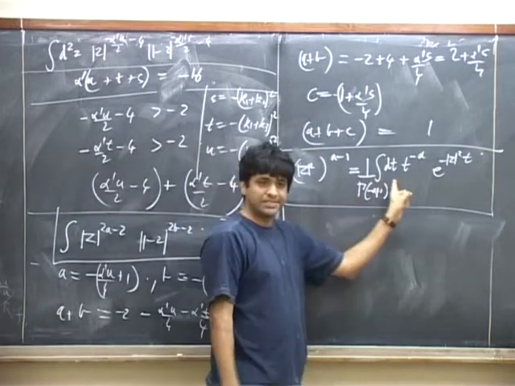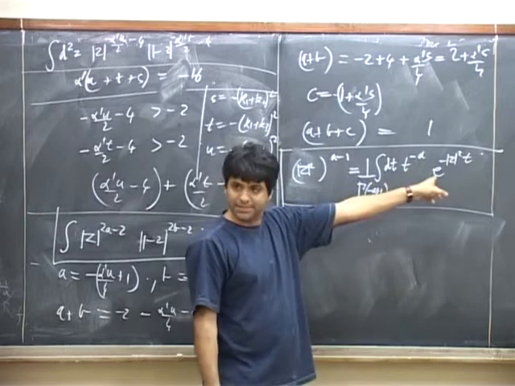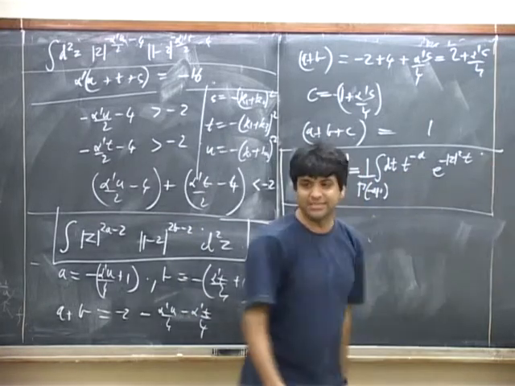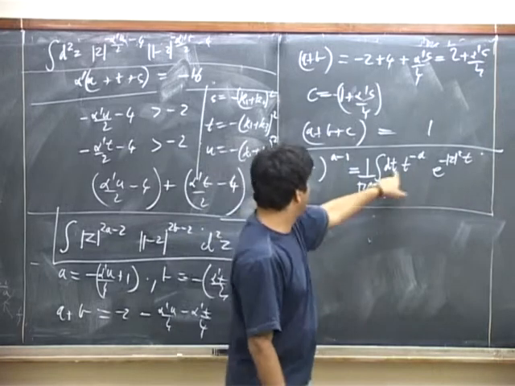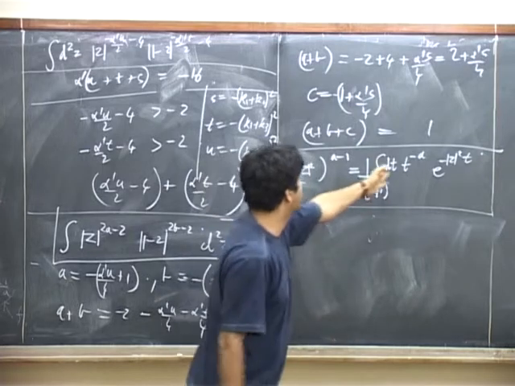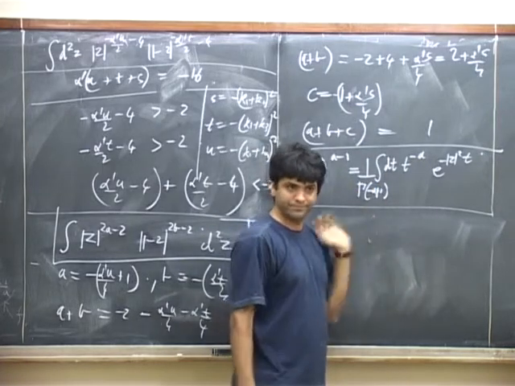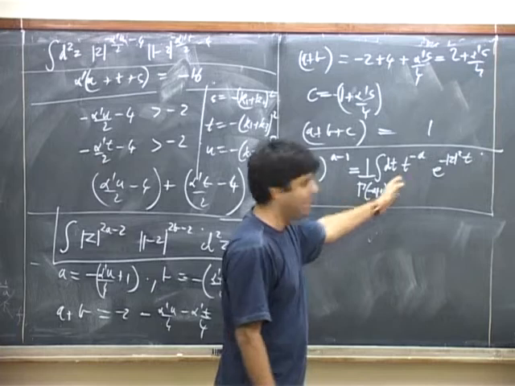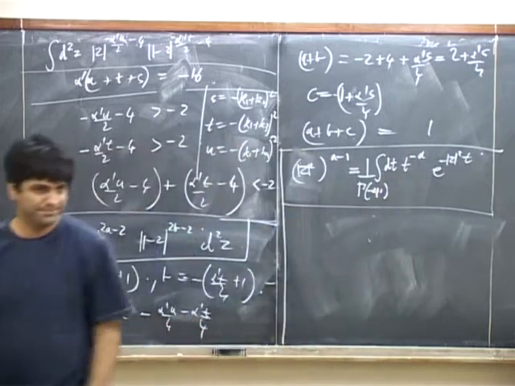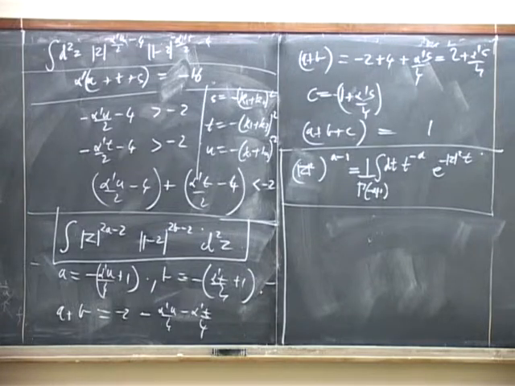So let's see. Why is this true? It's true by just doing the change of variables. Suppose we define a new variable t tilde, which is mod z squared times t. We'll absorb away the change to get mod z squared to the power a minus 1. That you can see by power counting. Okay? And then what remains is the definition of gamma of minus a plus 1. Okay, good.